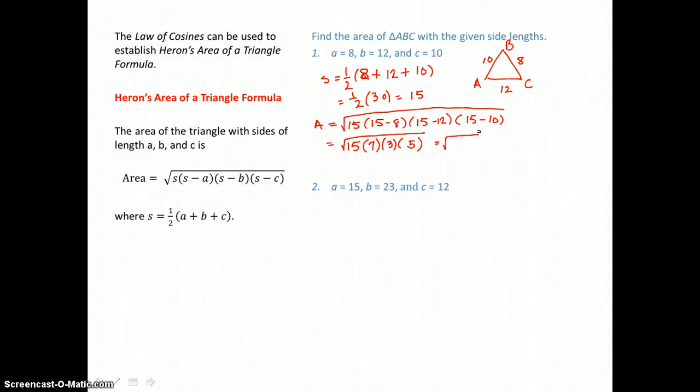So we've got the square root of what here? Looks like the square root of 1,575. And is that a perfect square? No. So I'm approximating this area to 2 decimal places. The area of this triangle is approximately 39.69 square units.